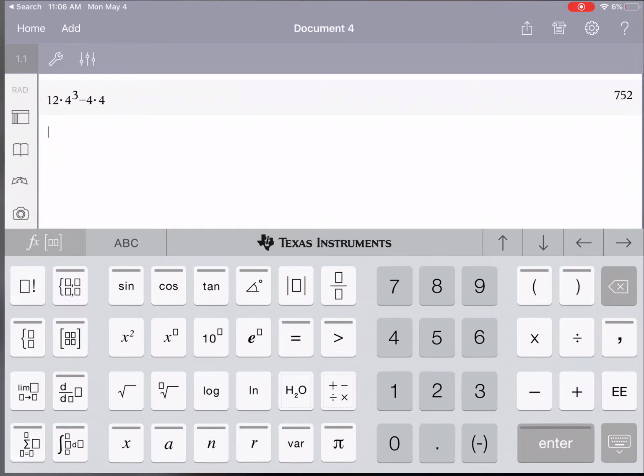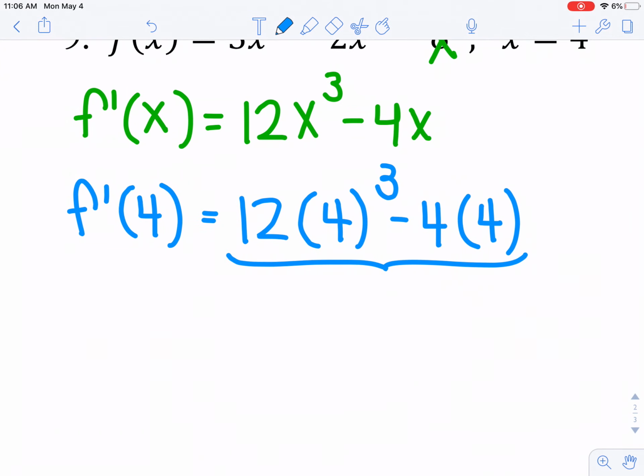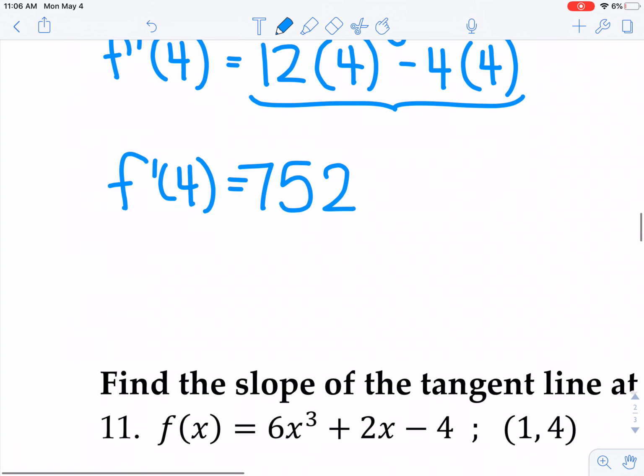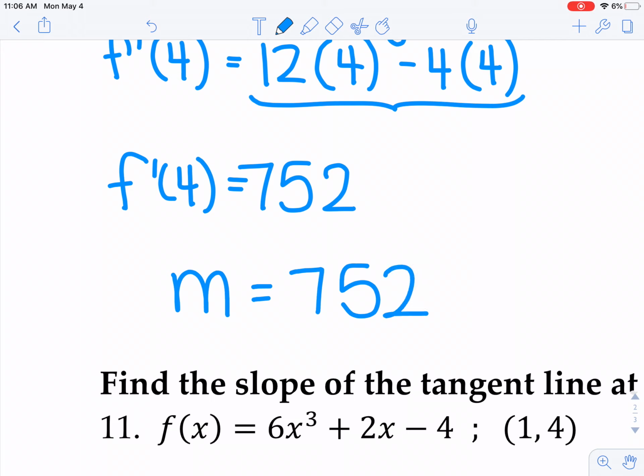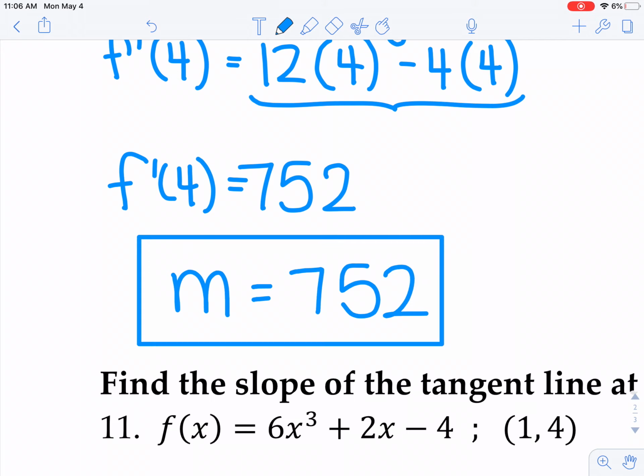Big number, 752. It's okay. So that's my answer. That's kind of crazy. It's a big slope. So the slope of the tangent at 4 is 752, a very steep line.